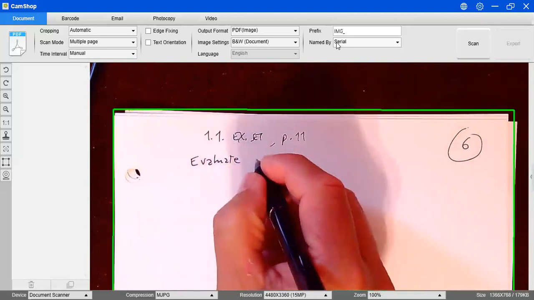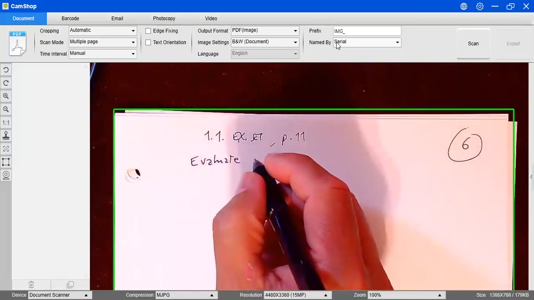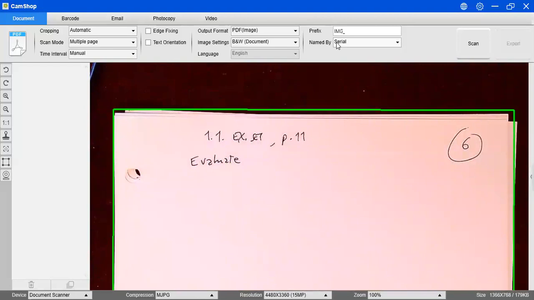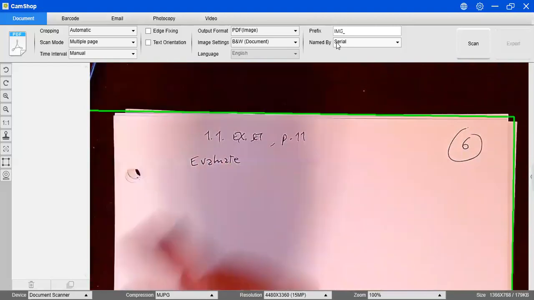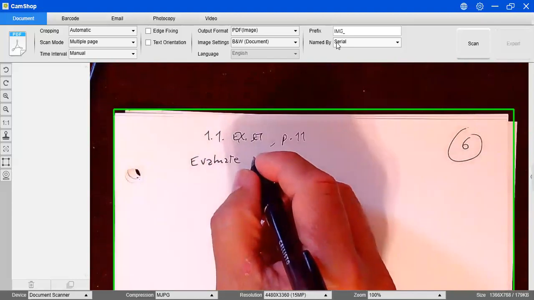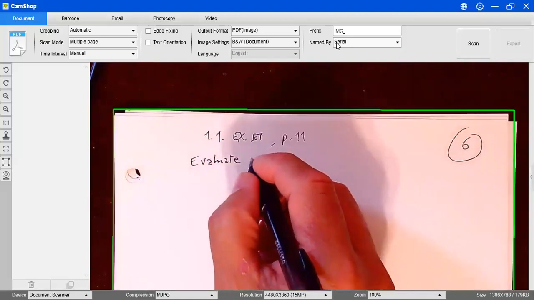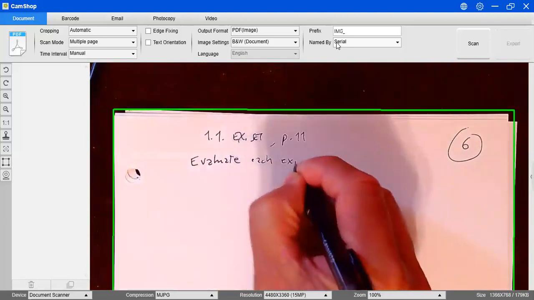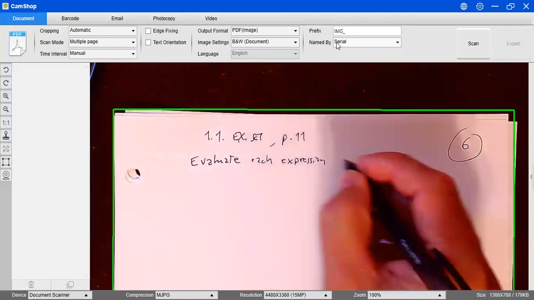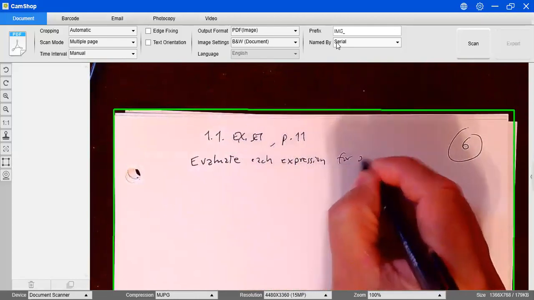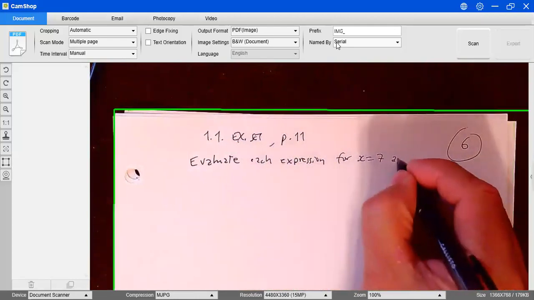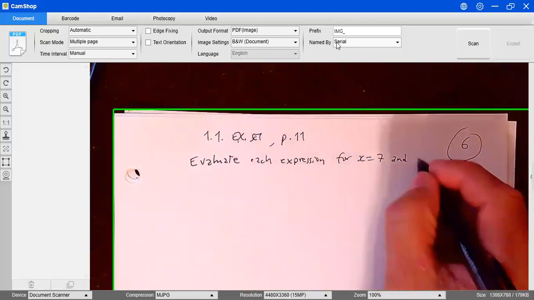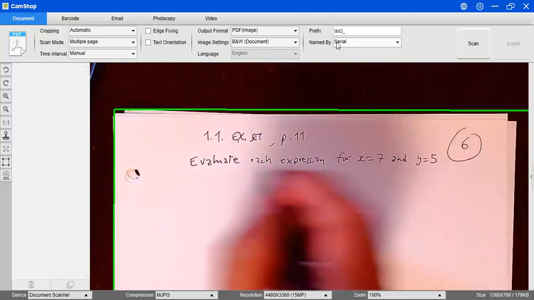You're going to evaluate each expression, this is from the previous section, for x equals 7 and y equals 5.